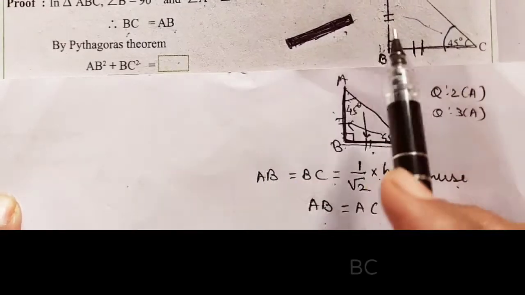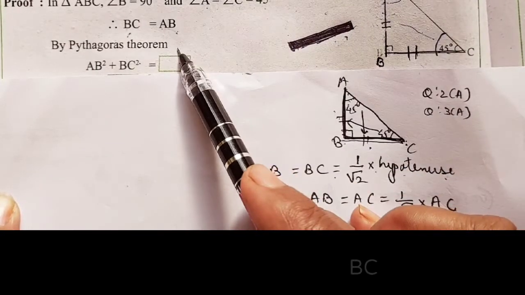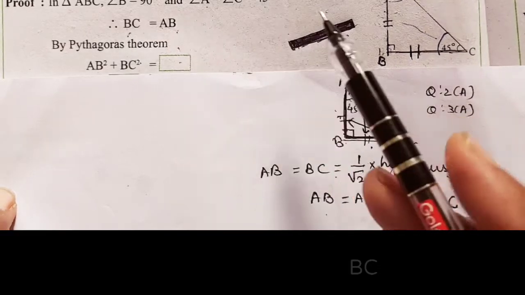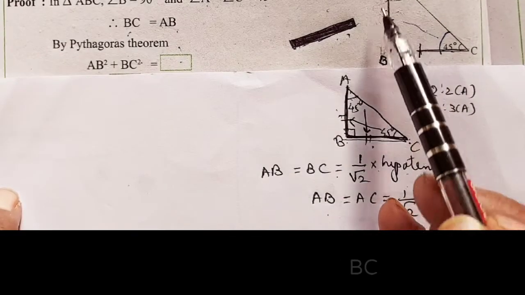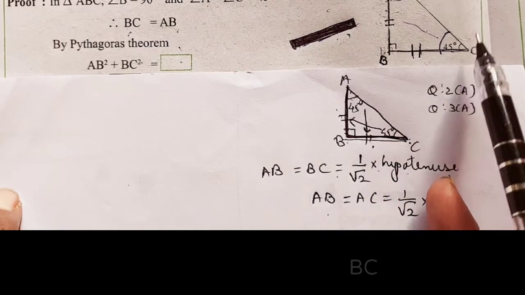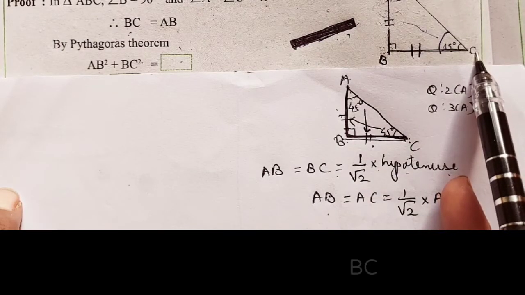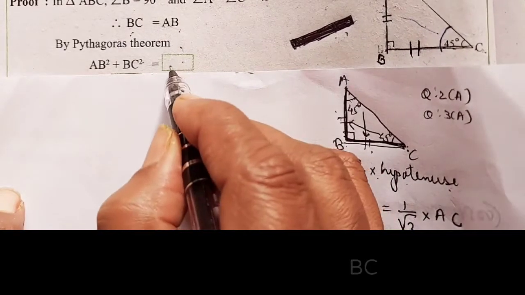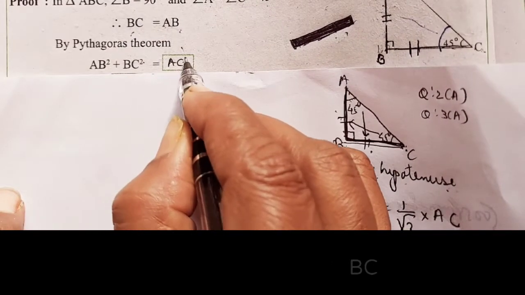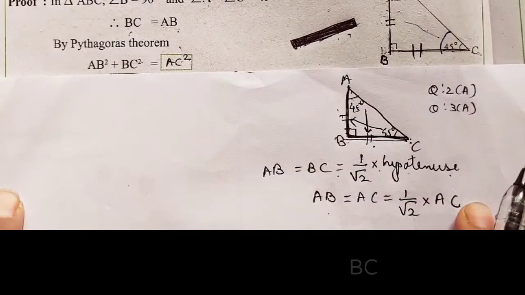Okay. Now what we have by Pythagoras theorem? How will you apply Pythagoras theorem? All of you know how to apply. See here, AB square plus BC square is equal to hypotenuse square. What is the hypotenuse? The hypotenuse is AC. So you will write AC square. Clear?